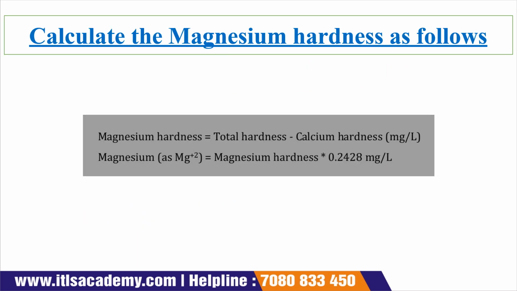Then with the help of this, you will calculate the magnesium hardness, because the total hardness is equal to magnesium hardness plus calcium hardness.